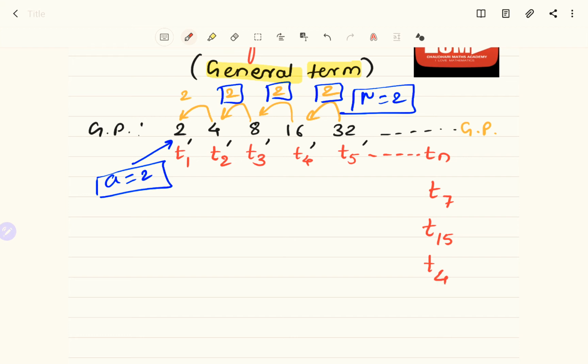That's why Tn is any term that belongs to this geometric progression, and therefore we say Tn is the general term of a geometric progression. So this is the nth term, or the general term. Don't say it's the last term. It's not the last term of the geometric progression, but any general term, any number from that sequence.